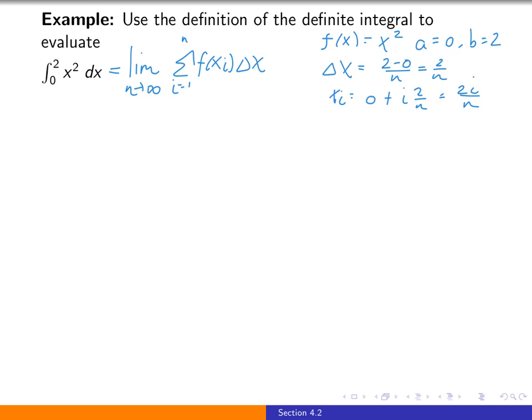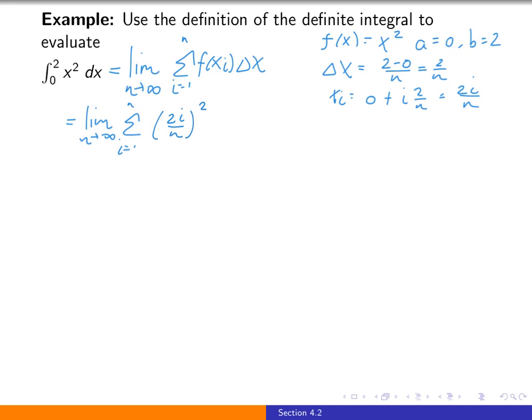So plugging this all in, we have the limit as n approaches infinity of the sum from i equals 1 to n of f of x sub i. We're taking this x sub i, the 2i over n, and plugging that in for x. So that's going to be the quantity (2i over n) squared.